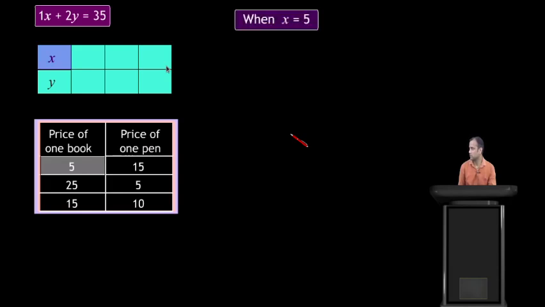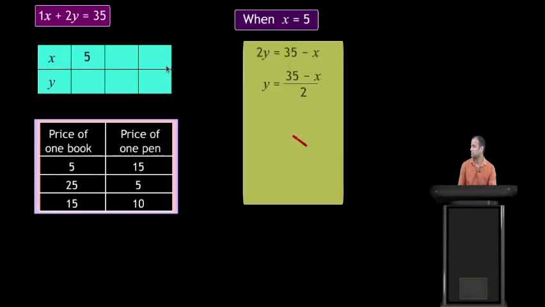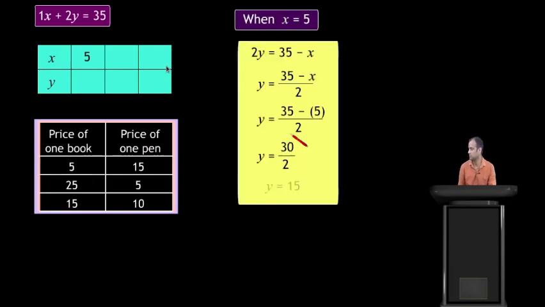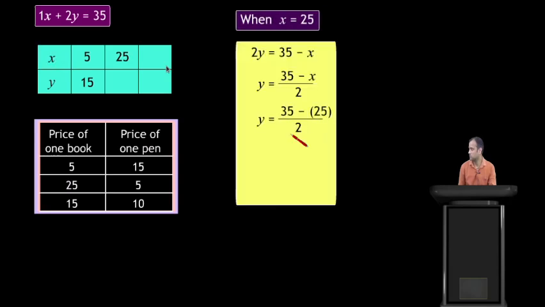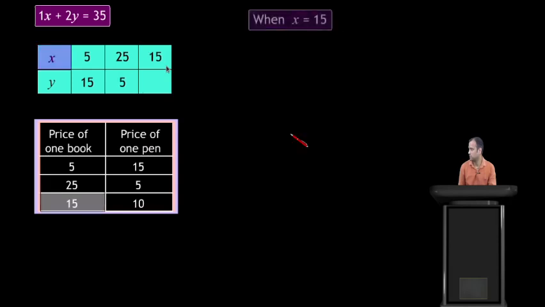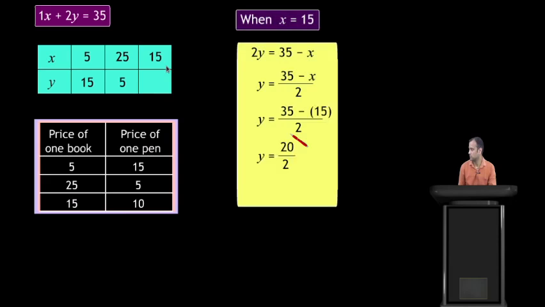When x equals 5, then y equals 15. Again, when x equals 25, then we have y equals, yes, it is 5. And when x equals 15, then we have y equals 10. So these are the points which we can get from the equation.